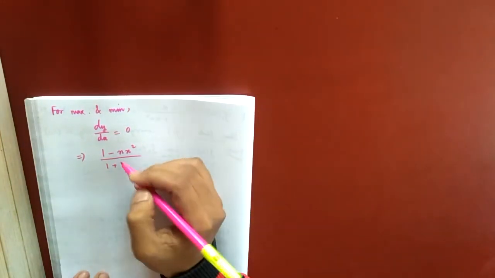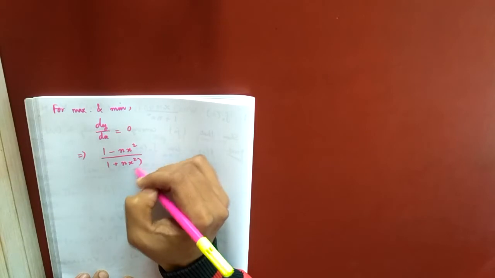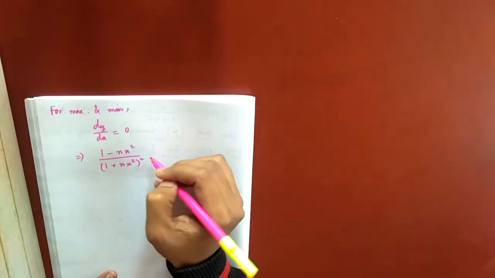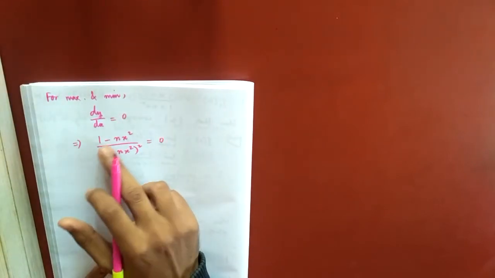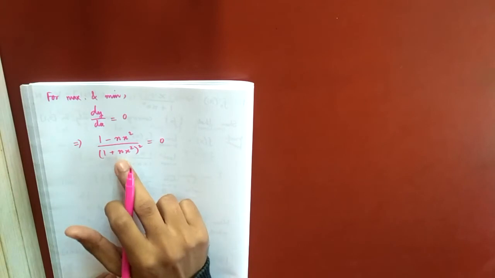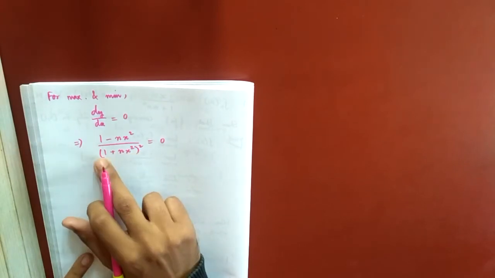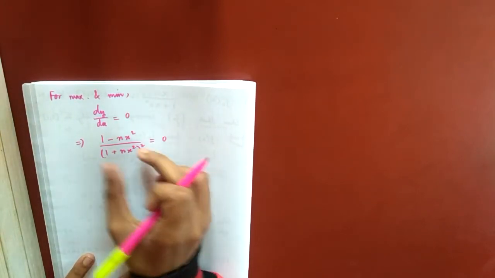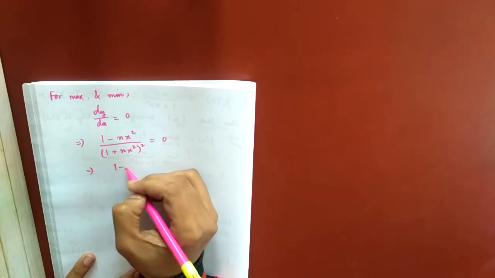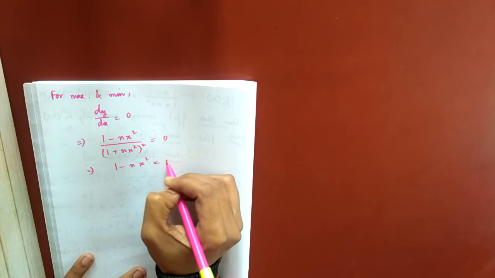You copy later on because time is very less. Equals 0. So the denominator cannot be 0 because this is always positive. You see, n is positive, x² is positive, 1 is positive. So 0 into this number, this is always positive, so that vanishes.